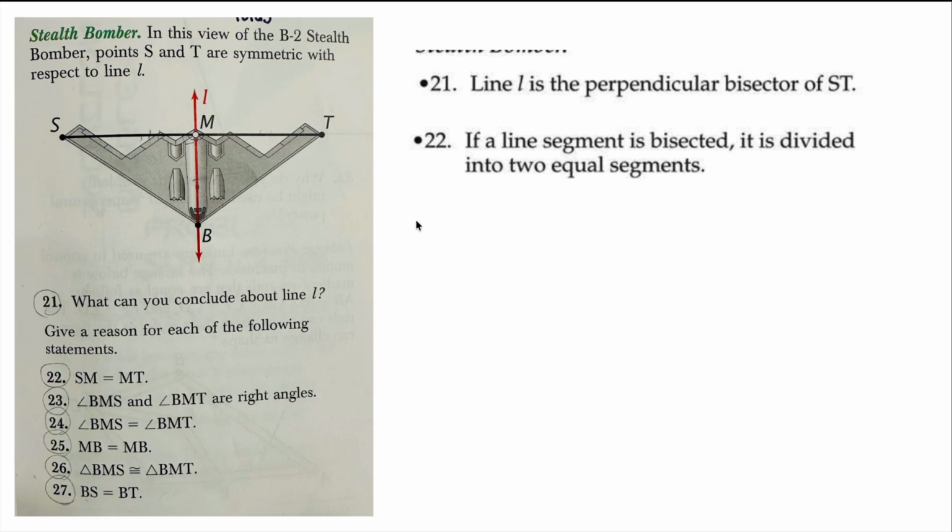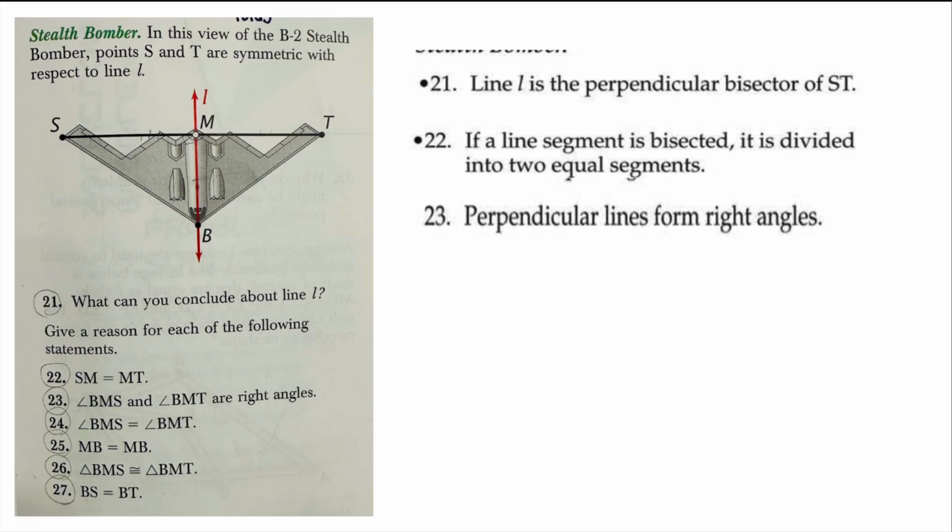Number 23, angles BMS and BMT are right angles. Let's look at this. They're right angles because these are perpendicular lines intersecting. So for 23, perpendicular lines always form right angles. This goes with Theorem 16 as well.